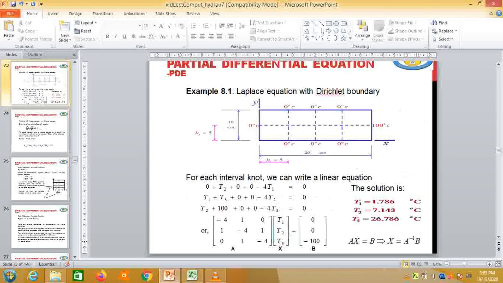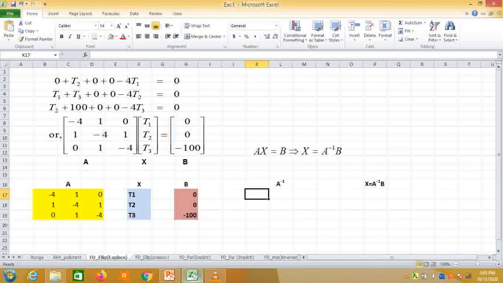So you can see it here. Matrix A is negative 4, 1, 0, 1, negative 4, 1, 0, 1, negative 4. That's matrix A. Matrix X is not known, but A times X is equal to matrix B. As you know, two matrices could be multiplied only if the column number of the first matrix matches the row number of the second matrix.